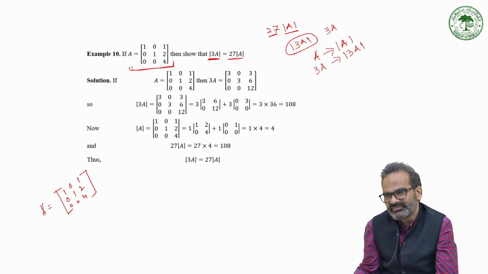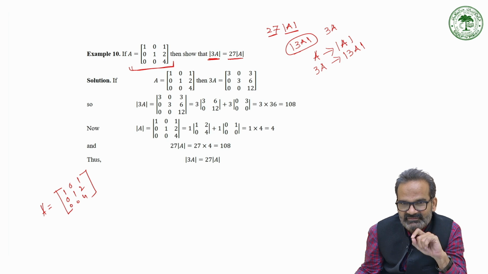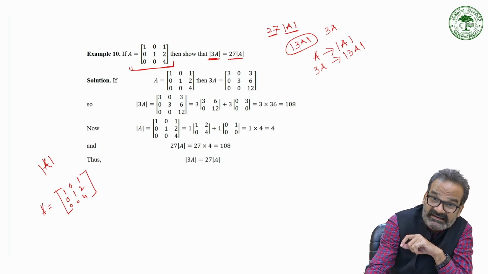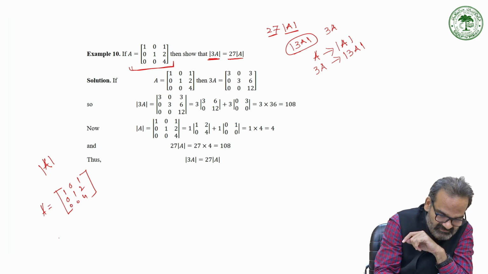So, determinant of 3A means this is a determinant of a matrix 3A, not the matrix A. Be careful. So, what we will do here, if A is this, then its determinant will be denoted by determinant of A. But what is given here, determinant of 3 times A. So, first what we will do, find out the matrix 3A.